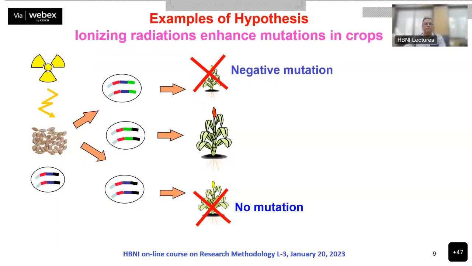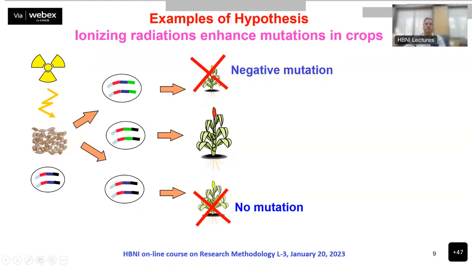So an experiment is done. What experiment is done? You take the wheat grains and irradiate them with gamma radiations up to a particular dose. The gamma radiation may cause some genetic changes in the DNA, and then the irradiated seeds you sow in the fields, and you see the plant.